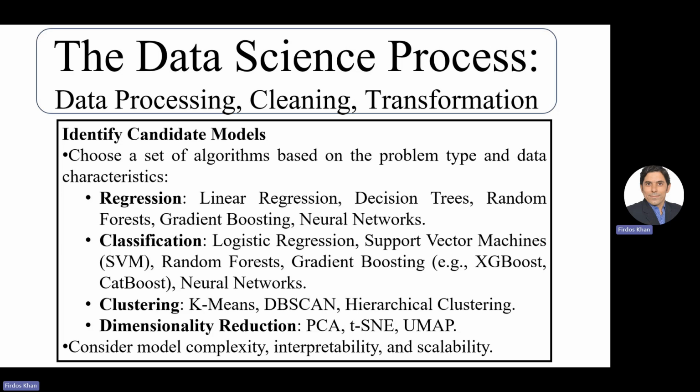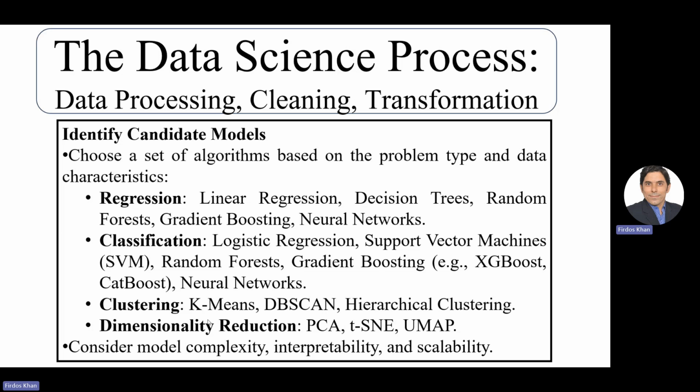You need to collect the data, then process the data, and then you need to choose the model. So if your objective is to do some regression analysis, then you can use linear regression, decision trees, random forest, gradient boosting, neural networks. And if your problem is about classification of the data into different categories, then you need to select one of them, or you can use more than one of these methods, like logistic regression, support vector machines, random forest, gradient boosting, and neural networks.